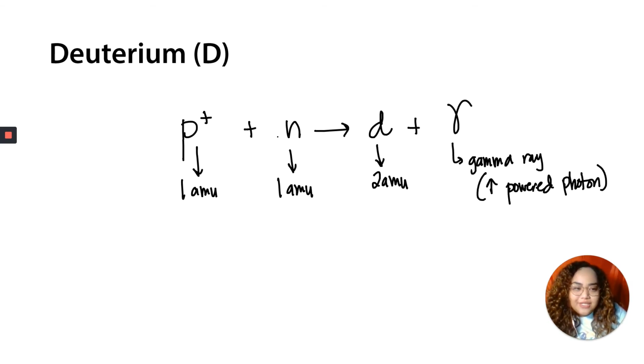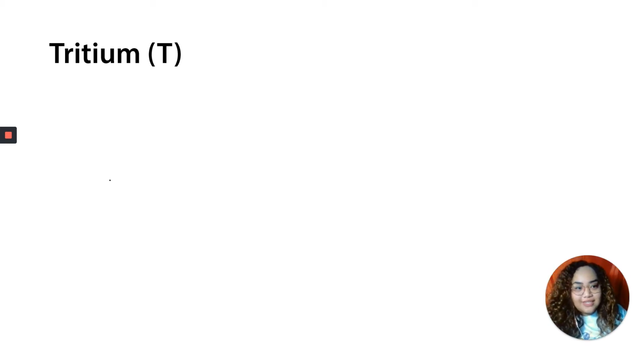All the subatomic particles are able to react with one another in space. So you have this thing called tritium. Now, a tritium is basically a deuterium reacting with another deuterium. So in this case, you will have a proton and a neutron reacting with another proton and a neutron.